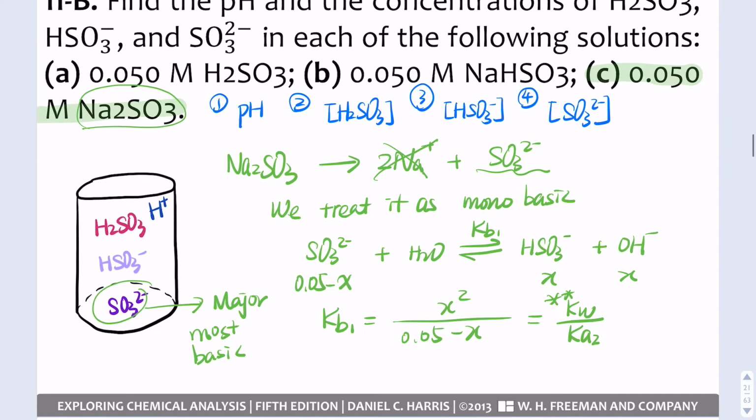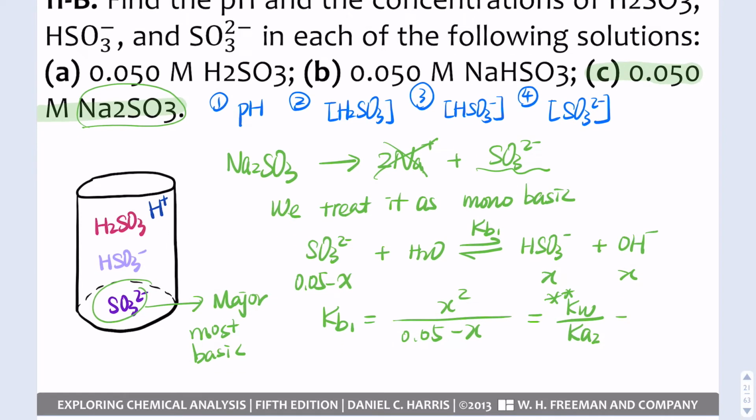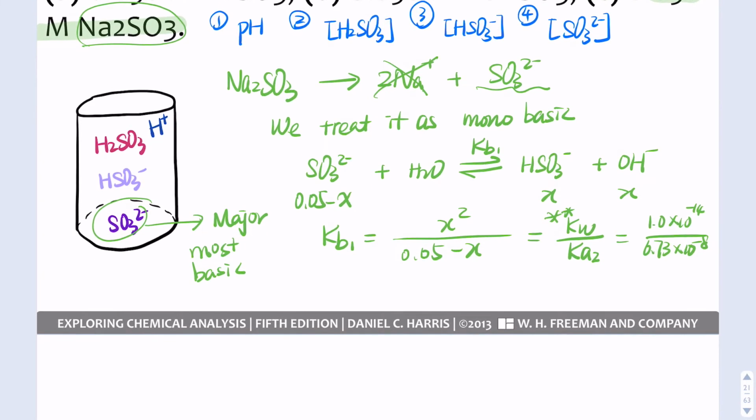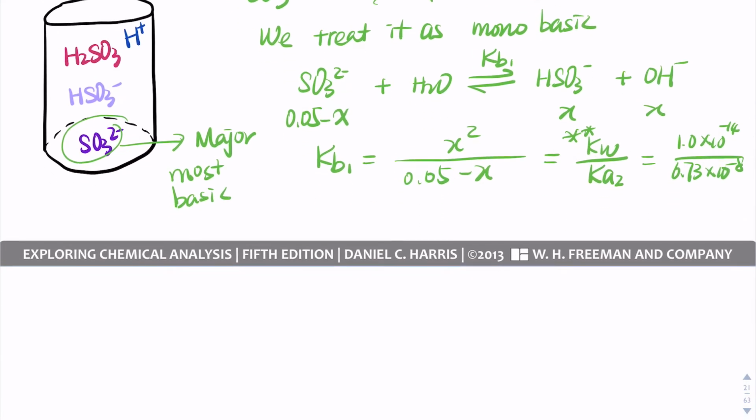So we do the calculation: 1 times 10 to the negative 14 divided by 6.73 times 10 to the negative 8. Then you get your Kb value, so x squared over 0.05 minus x equals 1.49 times 10 to the negative 7.